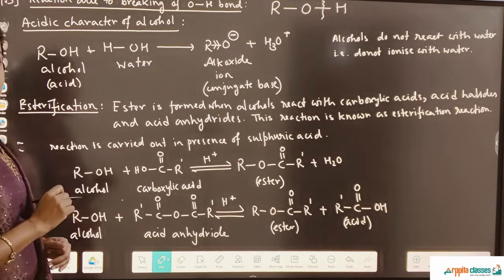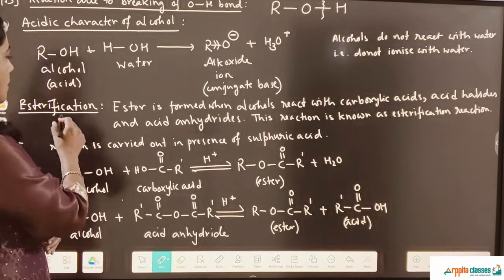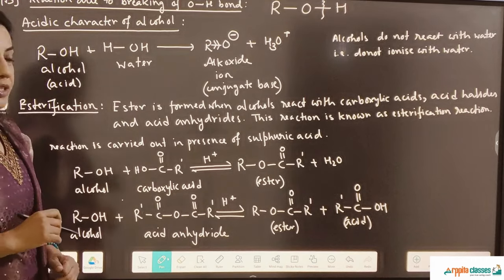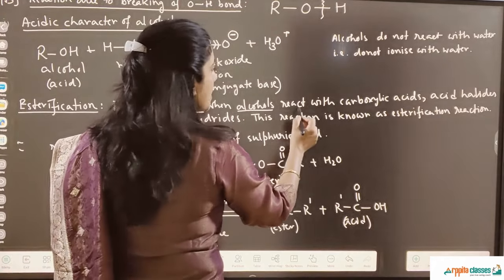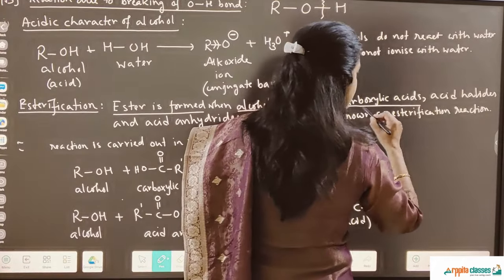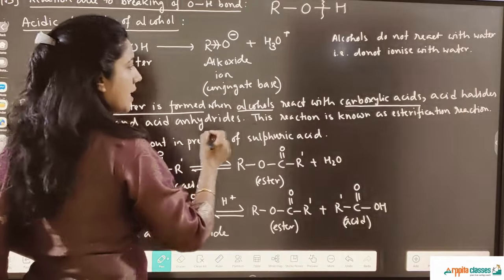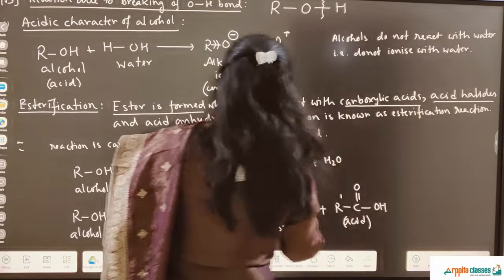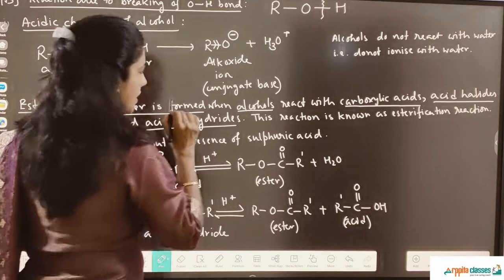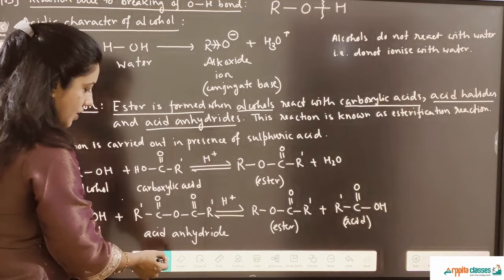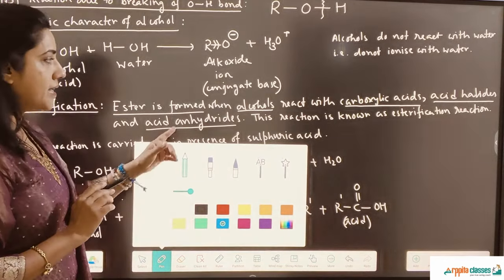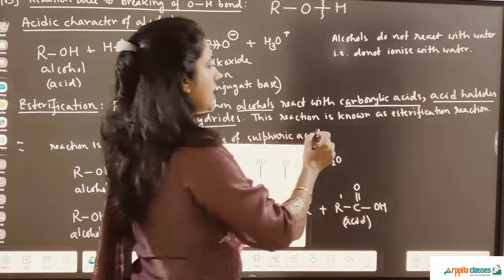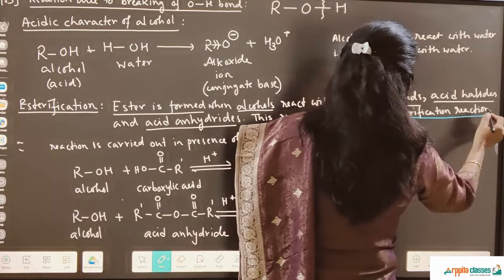The next reaction is esterification. The meaning of esterification is ester formation. So an ester is formed when alcohols react with carboxylic acids, acid halides or acid anhydrides. They will form an ester, and this reaction is called the esterification reaction.